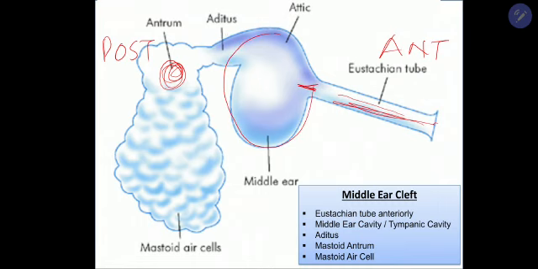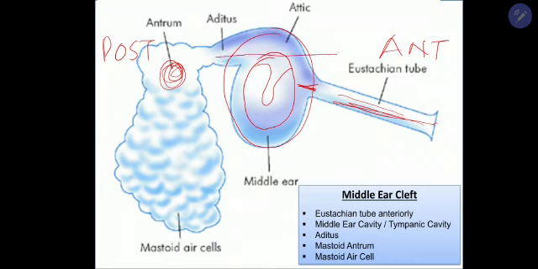If we talk about this part only, then this is the middle ear proper. Now the patient is sitting in front of you, so obviously the structure you anticipate just here is the tympanic membrane. The tympanic membrane has an oval structure in which the handle of the malleus can be seen.